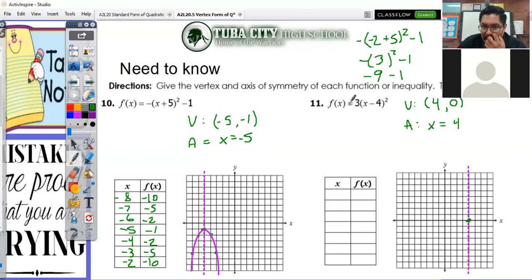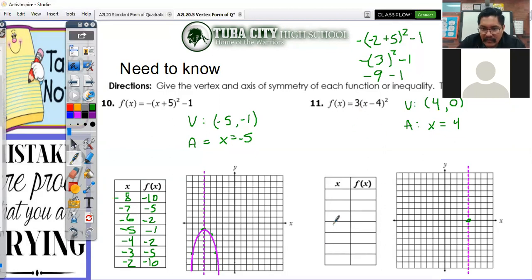Now, if we look at which way it's going to open, it's a positive number, but this is also going to be a vertical stretch. So we're going to have our line become much narrower. Now, we can't use that rule of odds in this case. So we're going to have to plug in all of the numbers for this one here.